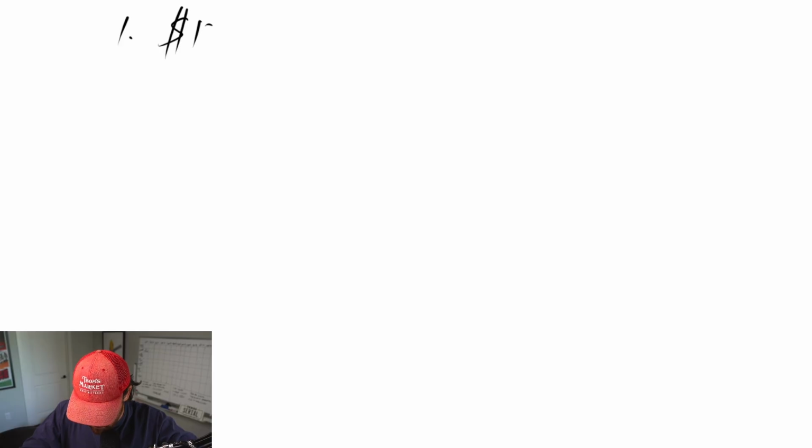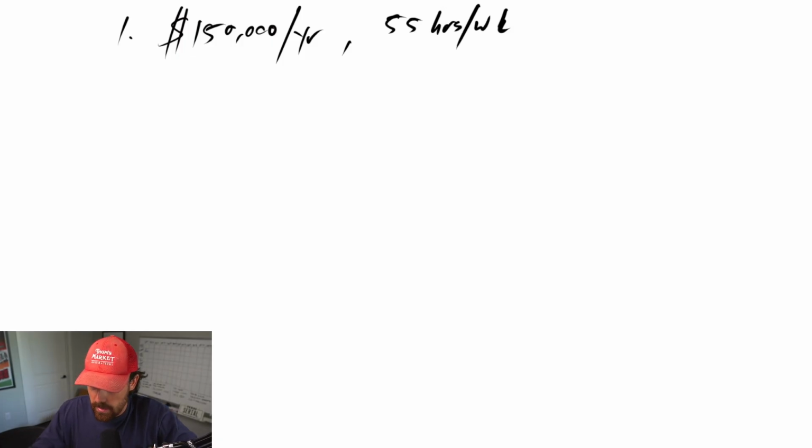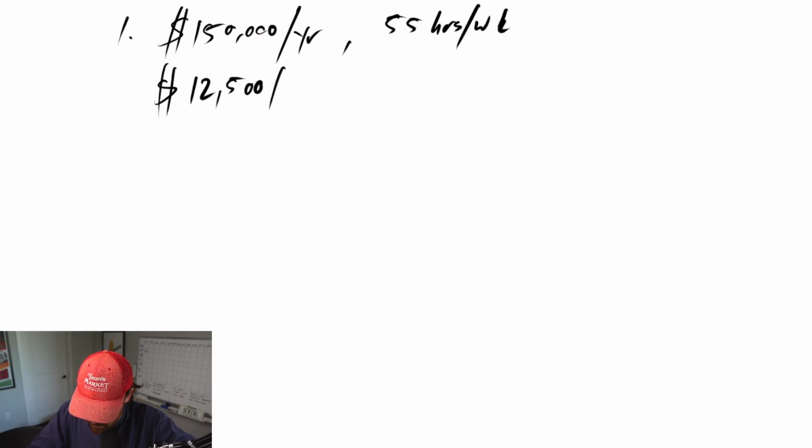One, you make $150,000 per year, but you work on average 55 hours per week. This is not too far-fetched. That comes out to about $12,500 per month, or $227.28 per hour.